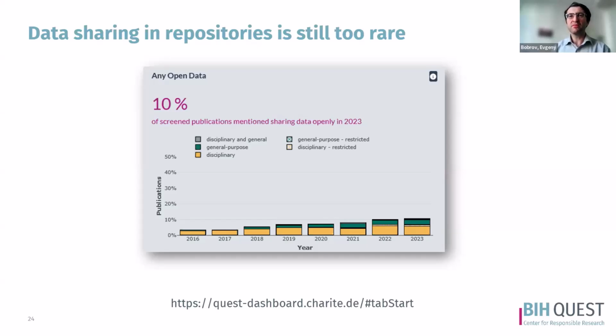So importantly, this does not include upon request sharing statements, which would immediately increase this to 50, 60, or 70%. But the actual sharing in repositories still remains relatively exceptional.